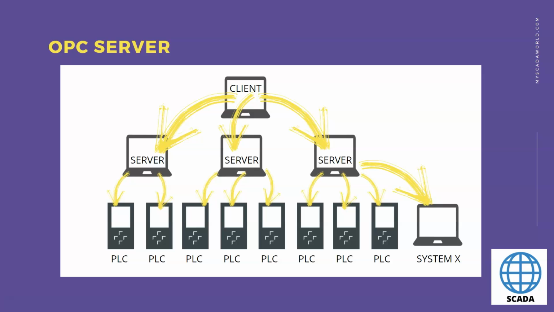For example, one server communicates with two PLCs from one localization. The second is controlling and communicating with three PLCs in a second localization.